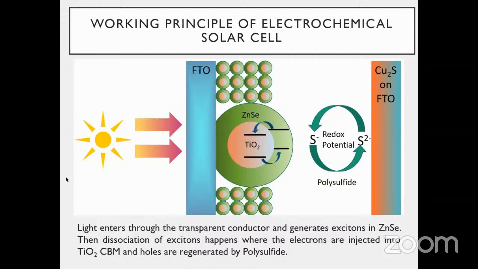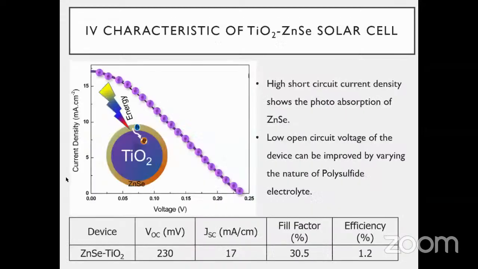The polysulfide electrolyte collects the electrons from the copper sulfide and transfers them to the zinc selenide's valence band maximum, and it also collects the holes through the counter electrode. So this is the working principle of an electrochemical solar cell.